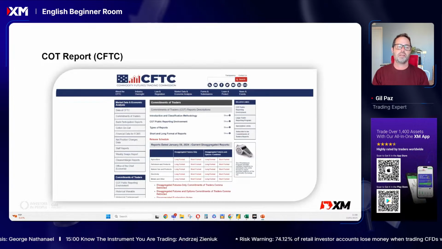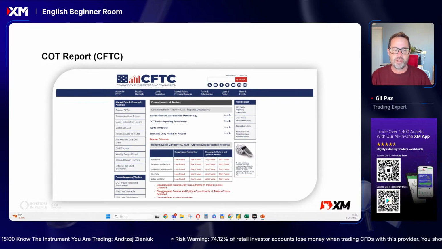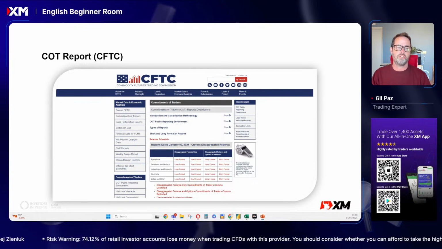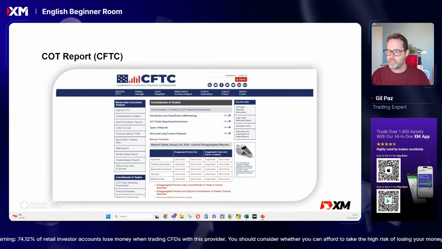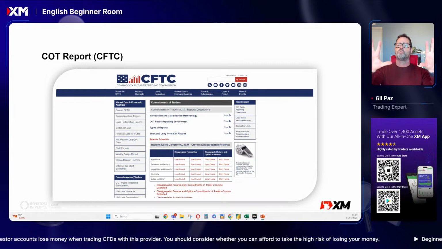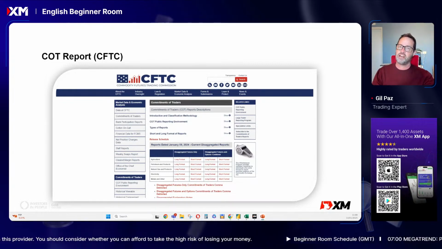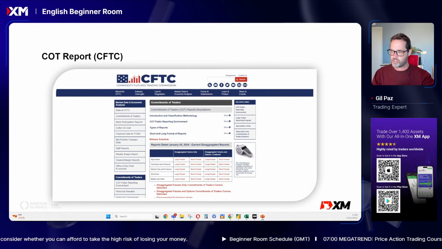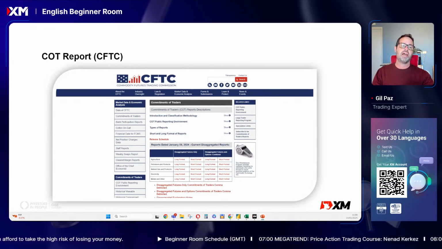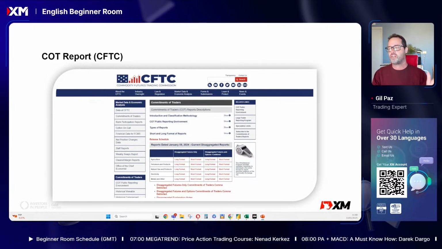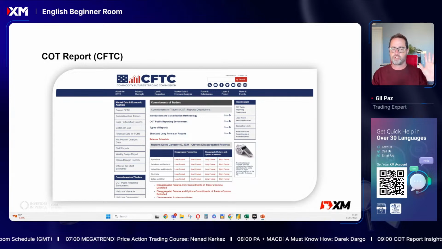The COT report is a report that is published by the US regulator called the Commodity Futures Trading Commission. And the US has two regulatory commissions. We have the SEC, which is responsible for stocks and assets, and we have the CFTC that you see here, which is responsible for derivatives, futures and options.